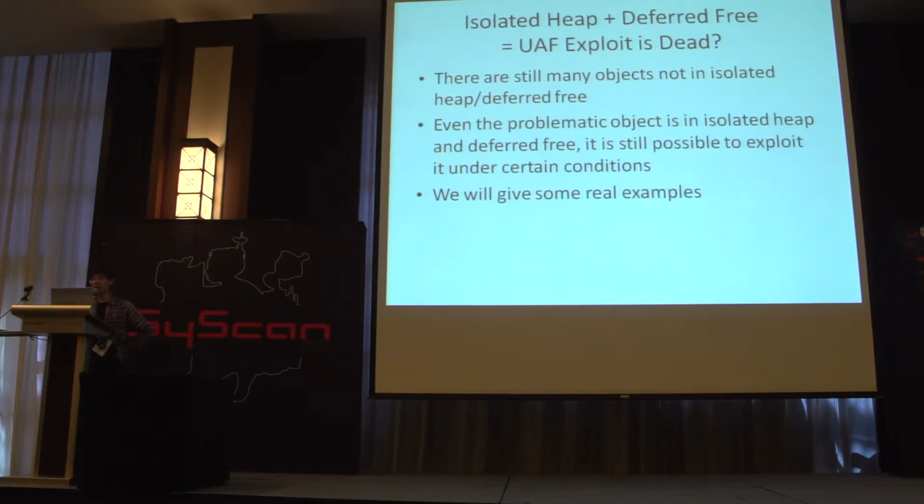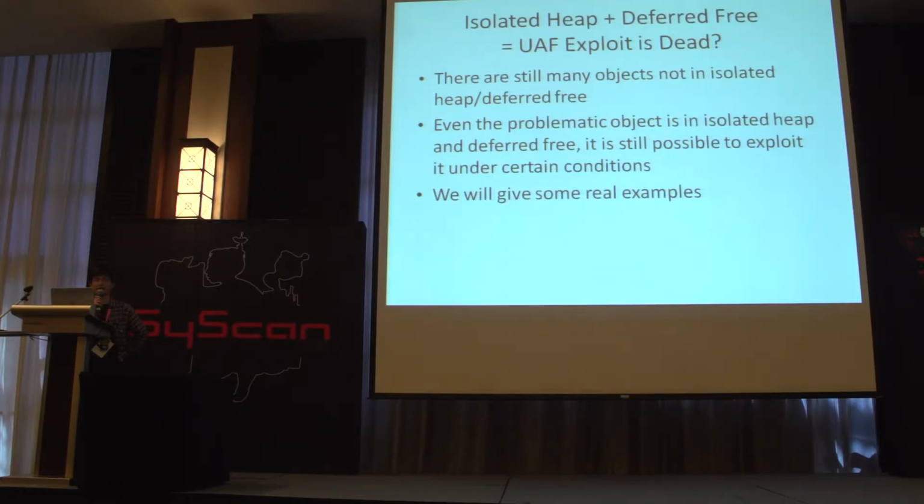Okay. So we have introduced how isolated heap and deferred free work. They are indeed very powerful mitigations, but UAF exploits will not disappear. There are still many objects that are not allocated in the isolated heap and deferred free.